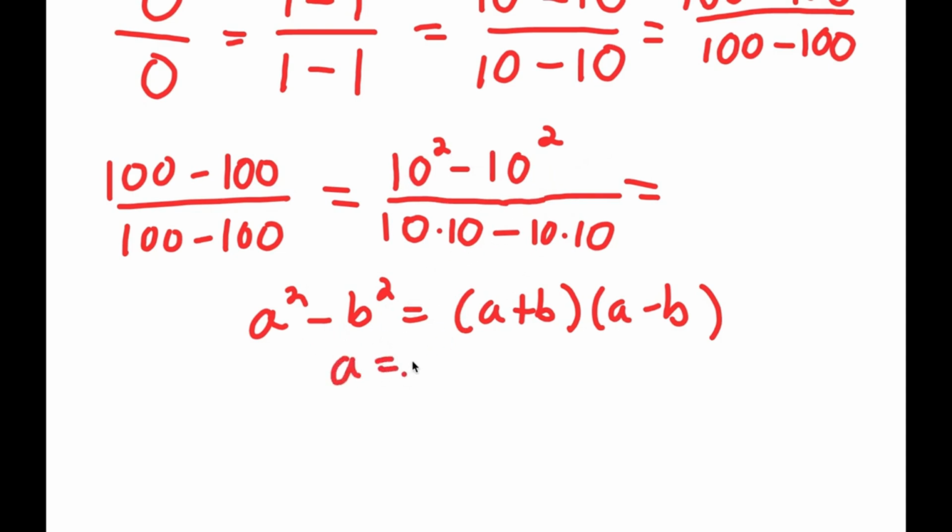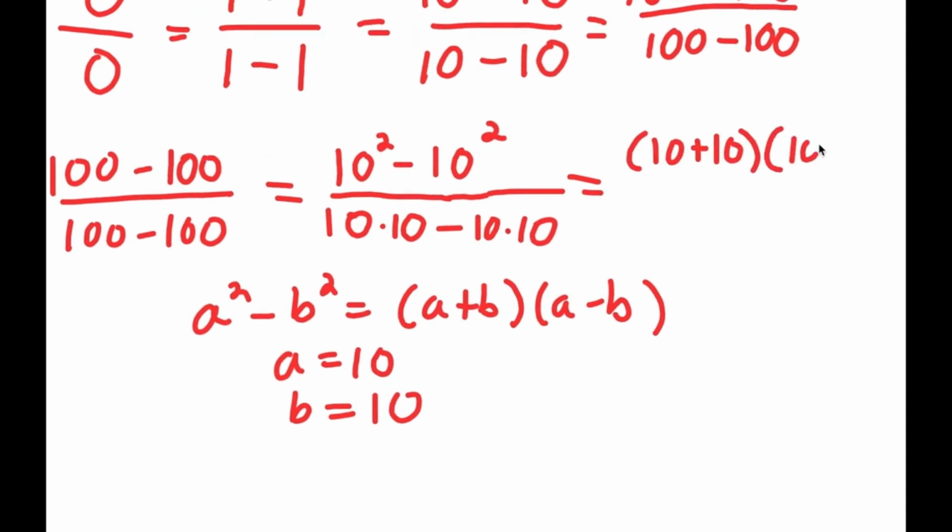So a is 10, and b is 10 as well. So I get 10 plus 10 times 10 minus 10, and I have this over 10 times 10 minus 10 times 10.